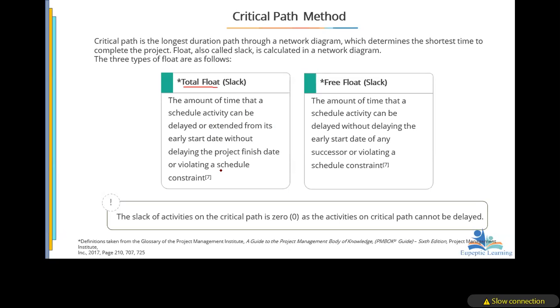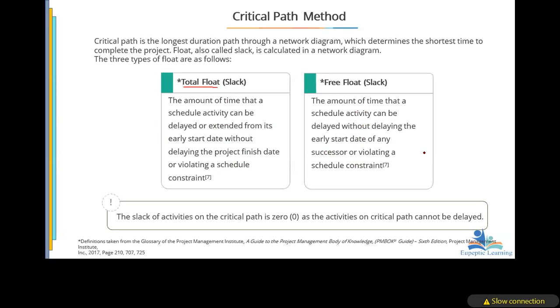We can delay an activity by a certain number of days without delaying the entire project. That is total float. Then we have free float, where we can delay the activity and it is not going to affect the early start of the successor activity.